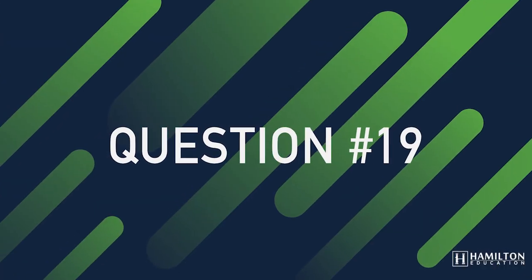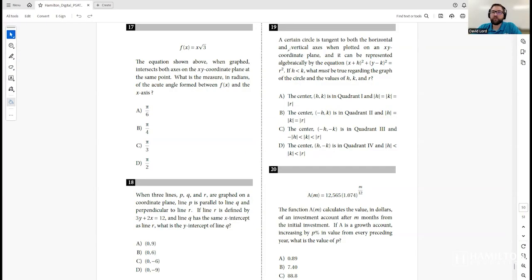Question 19. A certain circle is tangent to both the horizontal and vertical axes. So if we imagine some axes here, it could be a circle like that, where it's tangential to the axes. So that means that the center, h, k, must be the same distance from both axes, like 2, 2 or 3, 3.